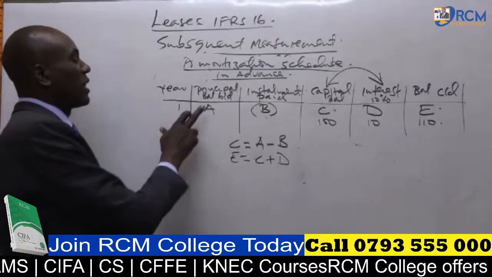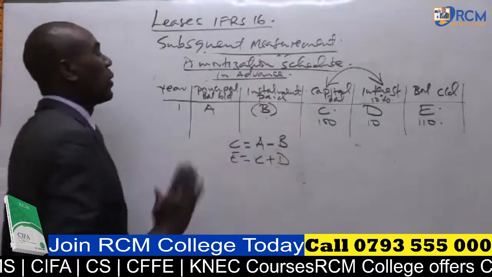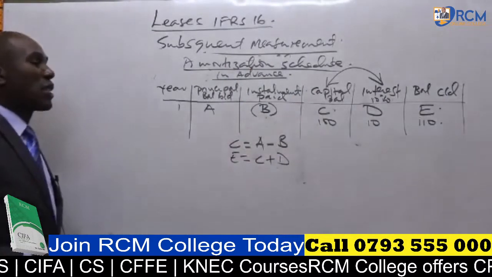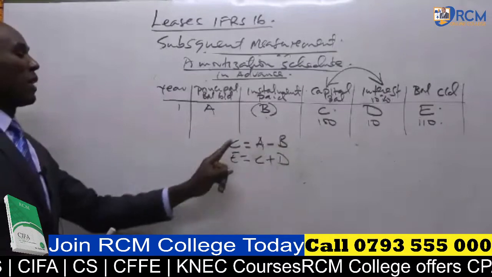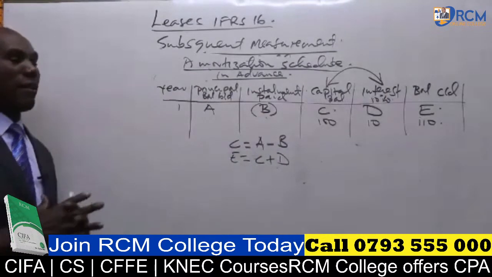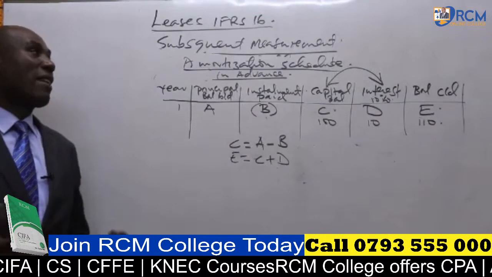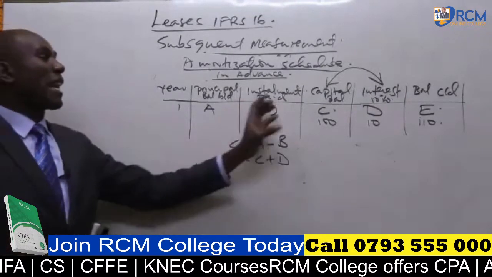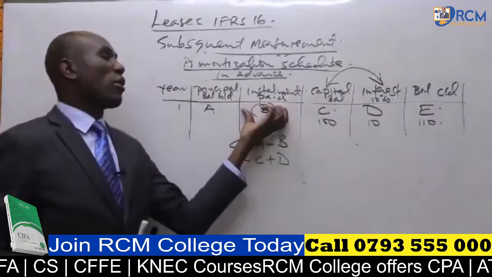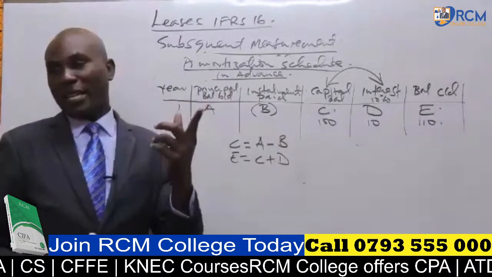Therefore, this is the principal balance installment. Then we continue like that. Therefore, C is A minus B, then E is C plus D. That is if installments are made in advance, because I cannot charge this interest on the installment. For example, I'm paying in January and ending the year in December.